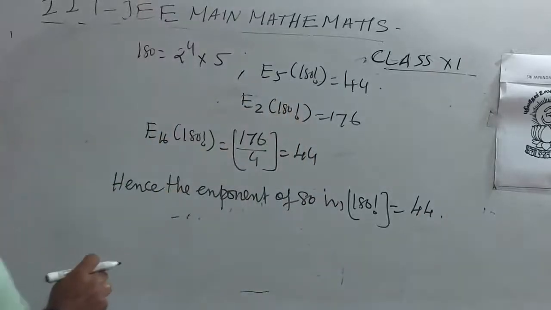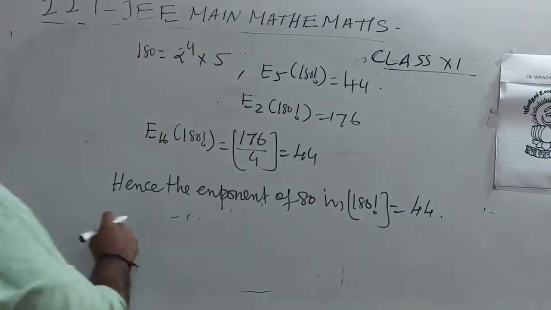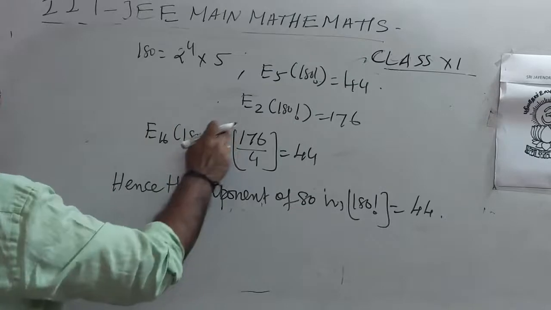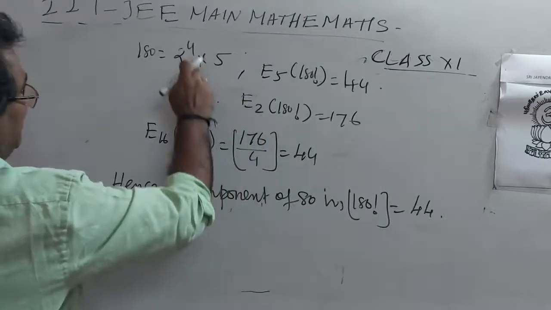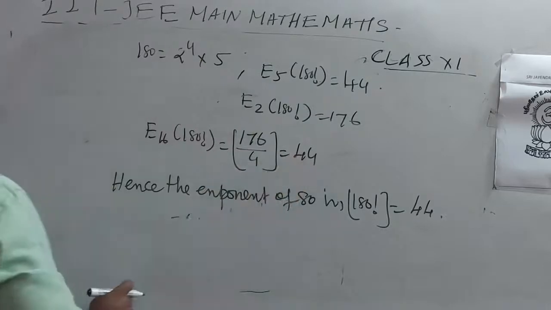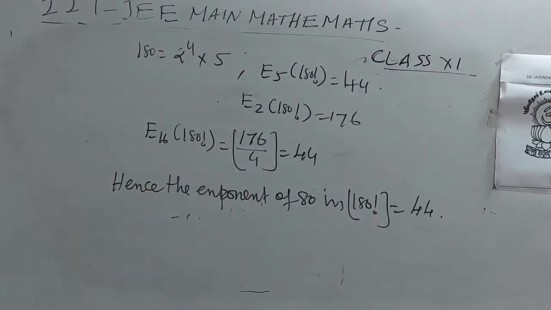Find the exponent of 5, find the exponent of 2. For the exponent of 80, the exponent of 2 should be divided by 4, giving 44. So the exponent of 80 in 180 factorial is 44.